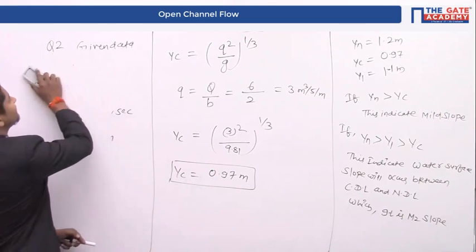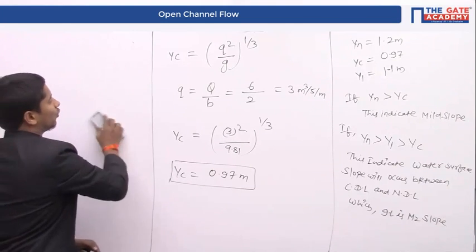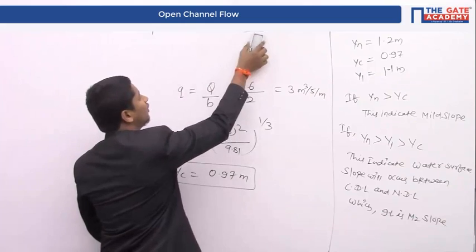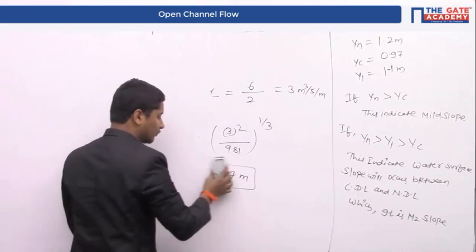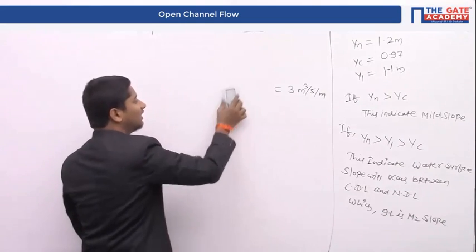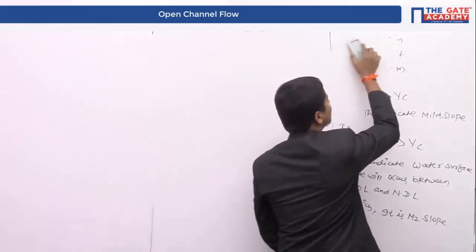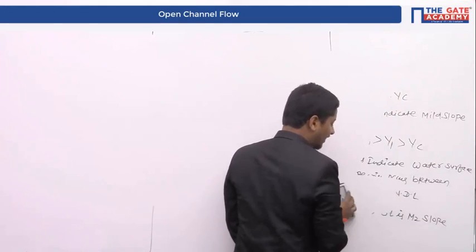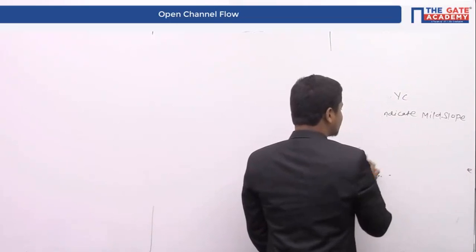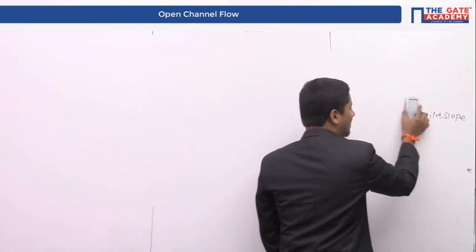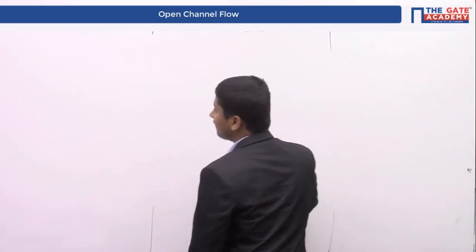So this question is specifically about gradually varied flow. If you have to classify, first of all you have to find out the critical depth Yc, and then you have to find out Yn. And based on these two values, you will decide whether that slope is mild or steep or horizontal or critical or adverse.